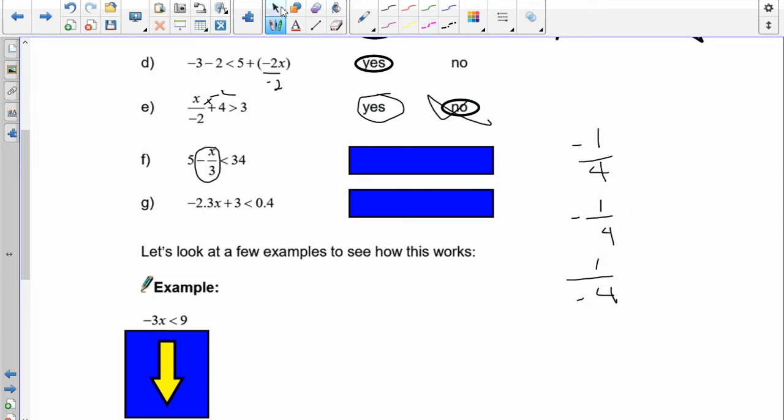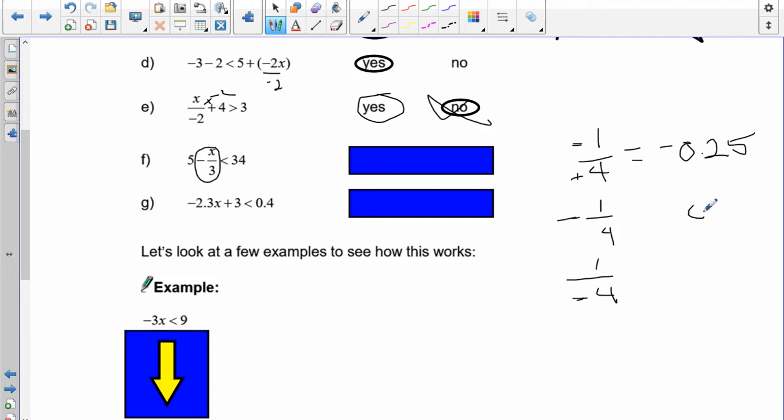Now you'll notice that in this case the negative is with the 1, here it's out front, and here it's at the bottom. So this negative can go anywhere it wants. You can put it with the x, or you can put it down here, making this a negative 3. And the reason you can do that is that 1 divided by 4 is 0.25. Negative divided by positive is a negative.